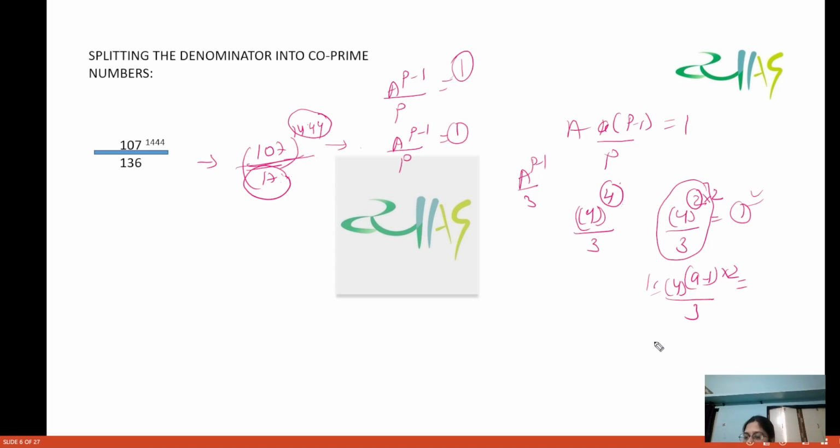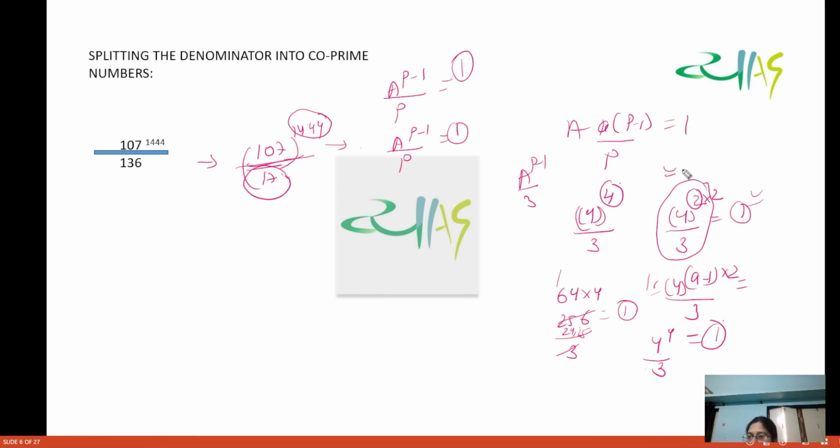So 4 to the power 4 divided by 3 should come 1 according to my deduction. 4 to the power 4 is 64 into 4, which is 256. Try to divide this by 3. You will get 8 threes are 24, 3 fives are 15, and again you are getting 1 as remainder.